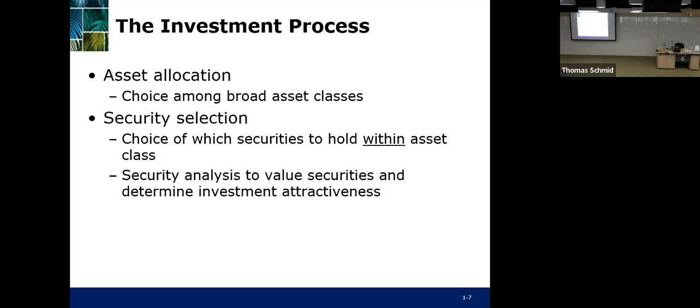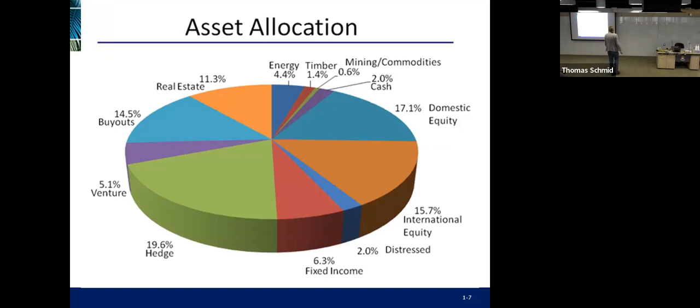You basically look at all the potential investments, and then you choose the one that you consider undervalued. Okay? So you find attractive investments. For example, your asset class is US equity, so you find attractive US equity. As simple as that. And this would look something like this.